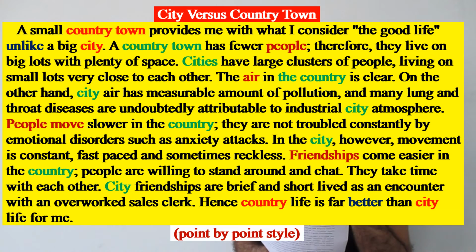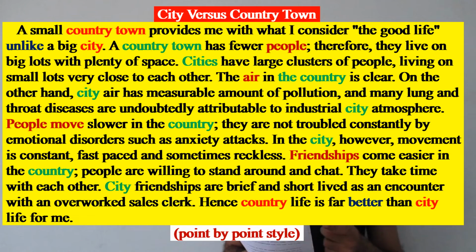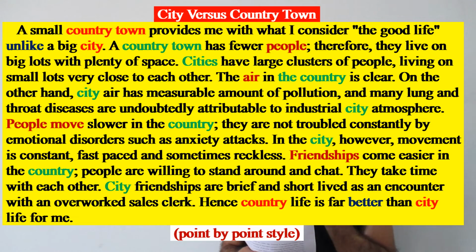Clear? Good. A country town has fewer people. Here is the first point of contrast. Number of people. Fewer people. Therefore, they live on big lots with plenty of space. Cities have large clusters of people living on small lots, very close to each other.